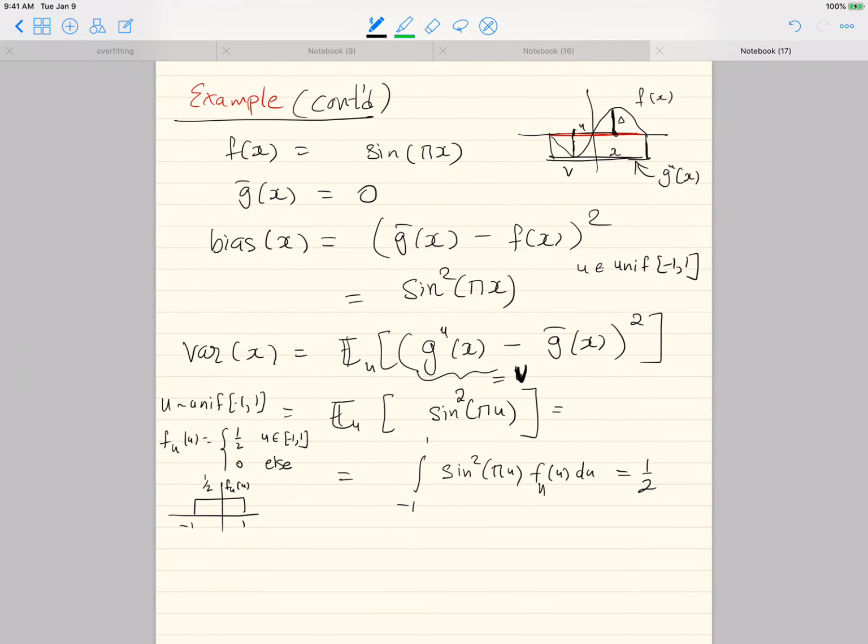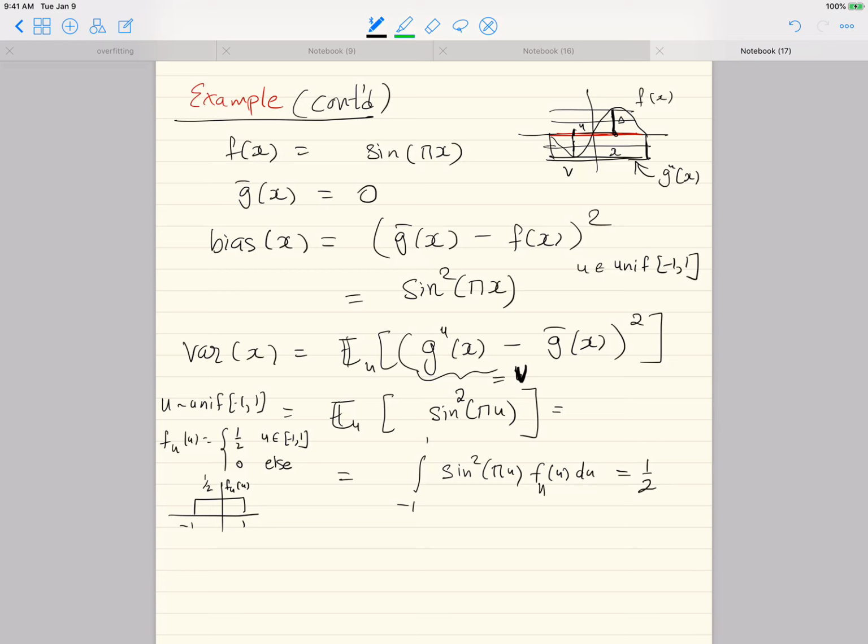What this is saying is, regardless of what x is, regardless of where you select this x, if you look at the variance of the output, it's always 1/2. And the reason for that is that everything is constant, right? So the spread does not depend on x.